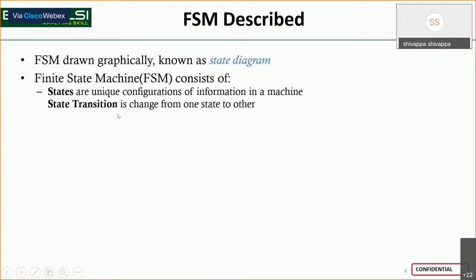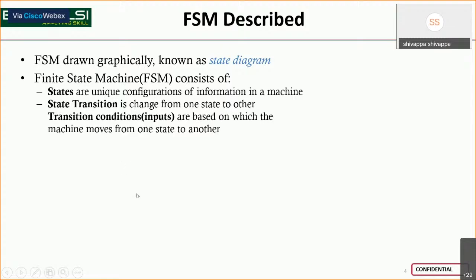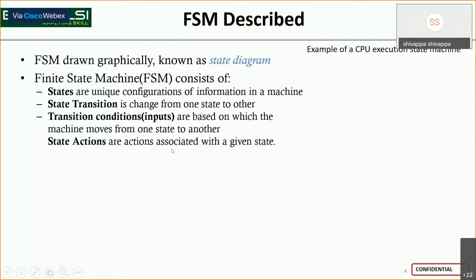And from one state to the other state, we call that a state transition. The transition is based on certain conditions, based on certain inputs. And in each state, there has to be some action associated with the given state. Okay.